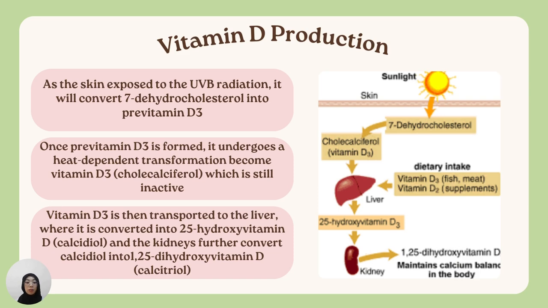But this cholecalciferol is still inactive, so it is transported to the liver where it is converted into 25-hydroxyvitamin D. And then 25-hydroxyvitamin D will be further converted into 1,25-dihydroxyvitamin D in our kidney, which is calcitriol, the active form of vitamin D. And then this vitamin D will help in absorption of calcium in our gastrointestinal tract.